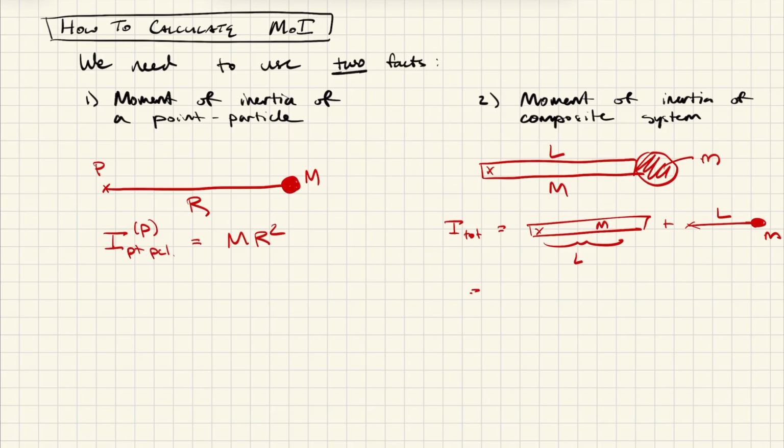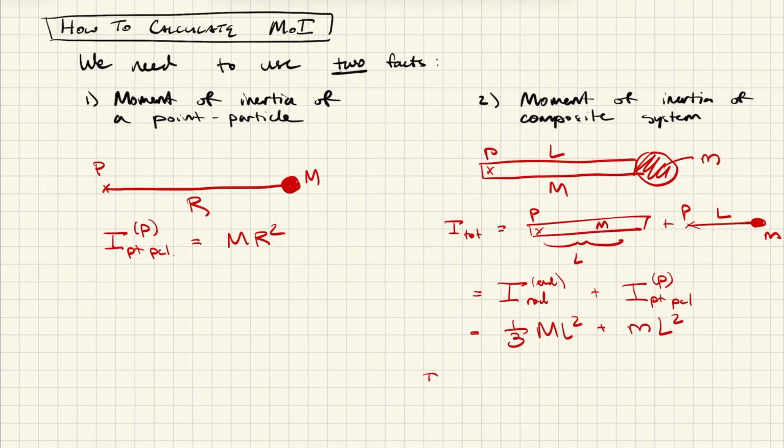And so it turns out that the total moment of inertia of this composite system, made of these two different shapes, is really just the moment of inertia of a rod about its end, summed with the moment of inertia of a point particle from the pivot P here. This works out to be 1/3 capital M L squared for the rod's moment of inertia, plus the moment of inertia of the point particle, which is just lowercase m times L squared, the distance from the pivot point, okay?